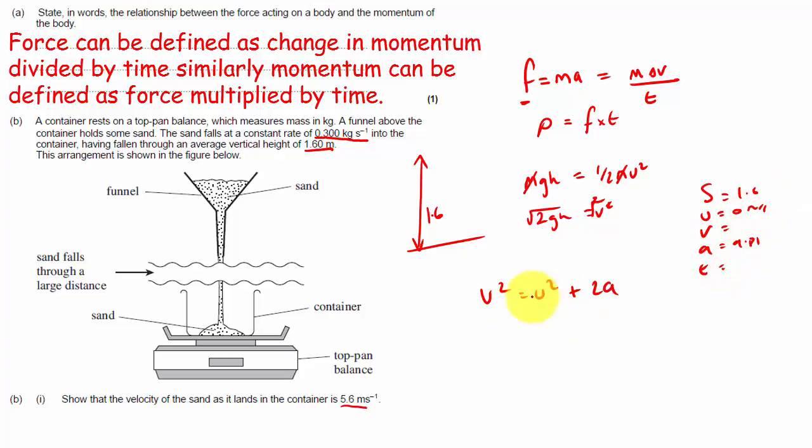So u gets cancelled, and you root both sides. Subbing the numbers in, root 2 times 9.81 times the distance of 1.6 meters, when calculated does give you 5.6 meters per second. So, confirming what the question has told us to confirm.